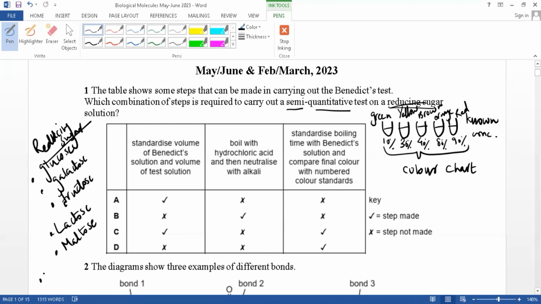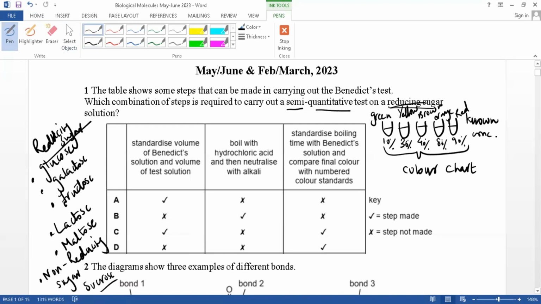And the only non-reducing sugar we know is sucrose. So the only non-reducing sugar is sucrose, and here we are doing the semi-quantitative test on a reducing sugar.